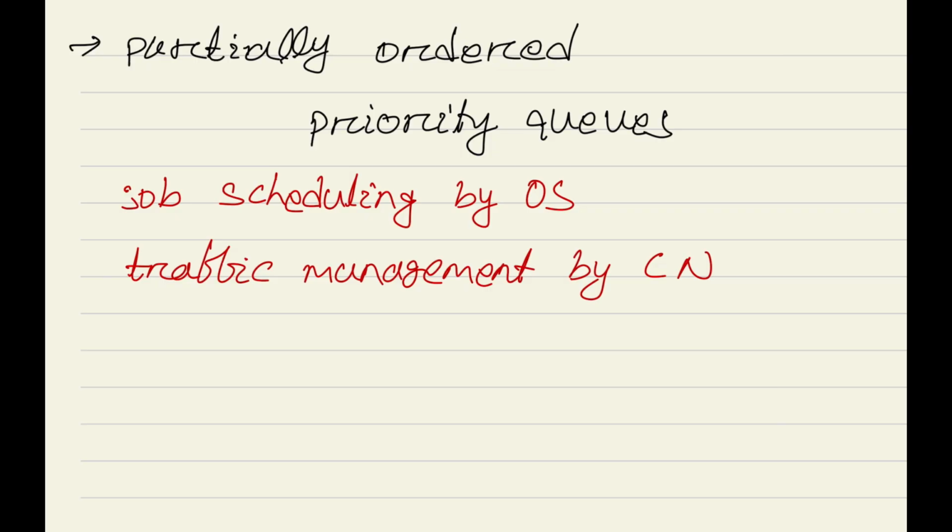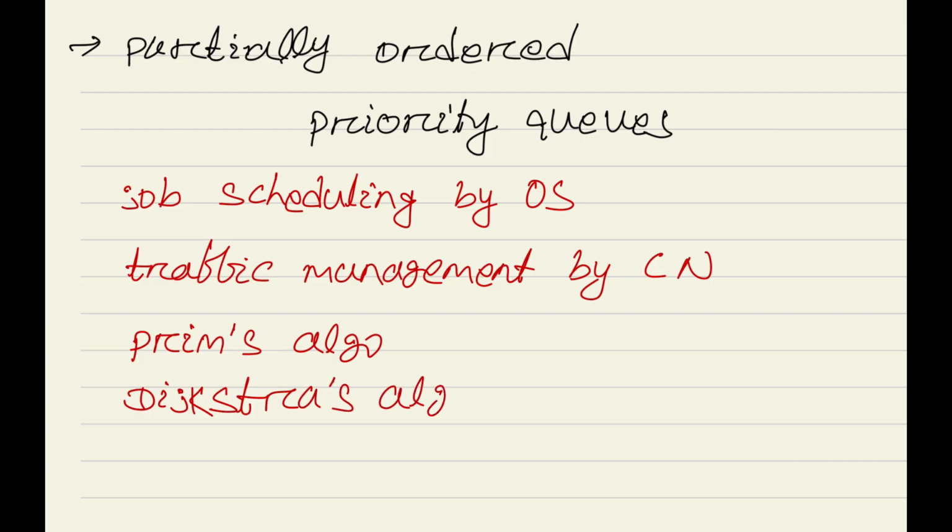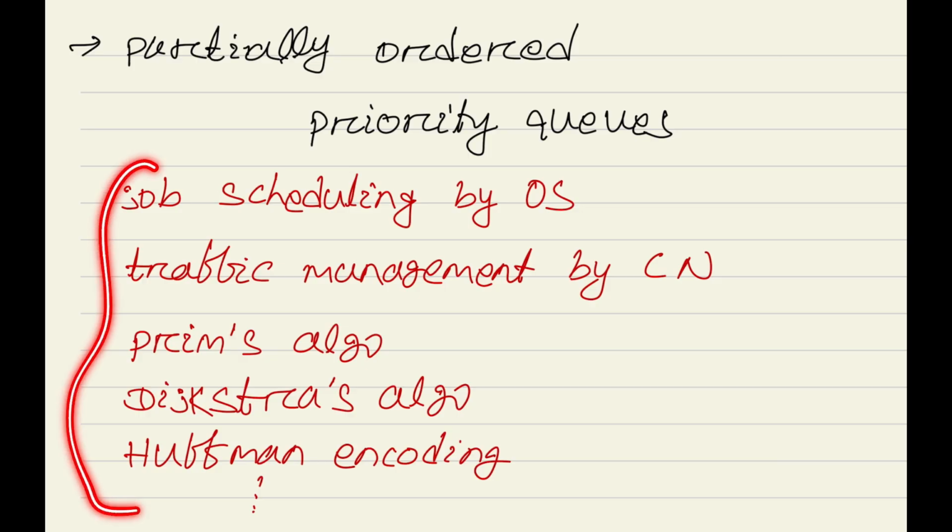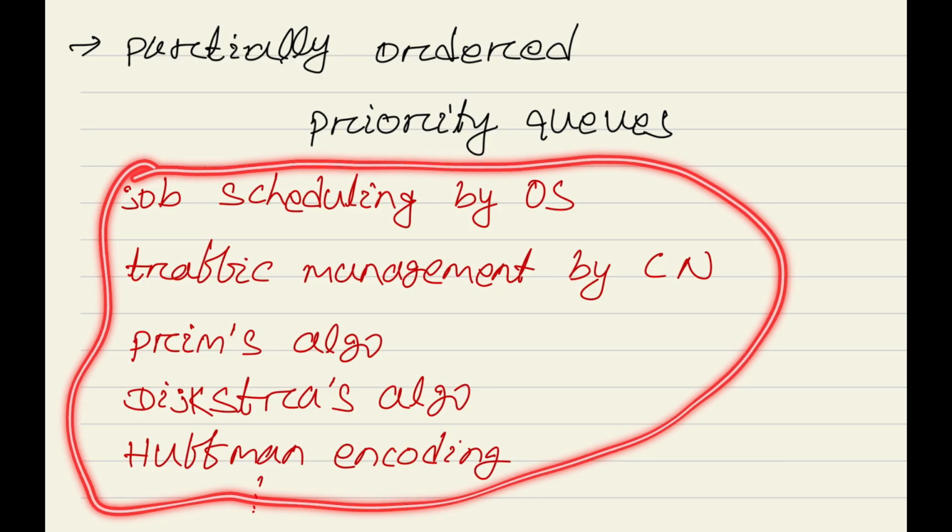Then in several other algorithms like Prim's algorithm, Dijkstra's algorithm, then Huffman coding, encoding, and some other applications. So, these are the major important applications of priority queue.